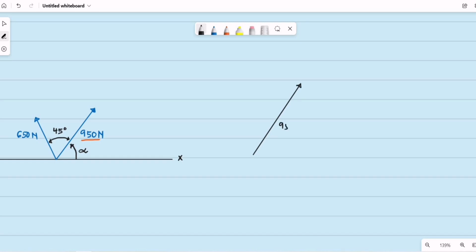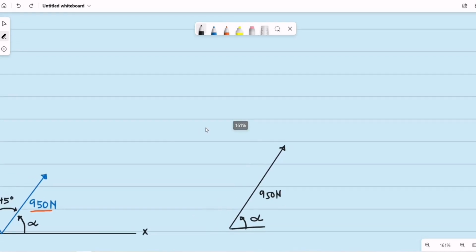So again, this is 950 newtons. With respect to horizontal, this is the alpha. Then we are to connect the tail of the 650 newtons.